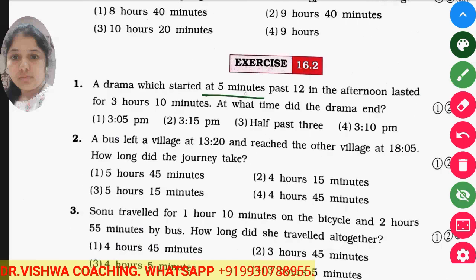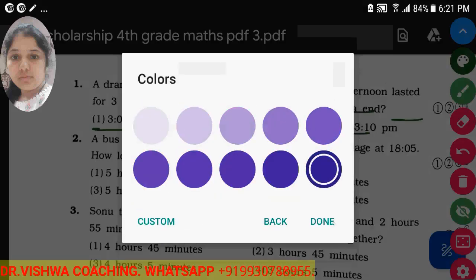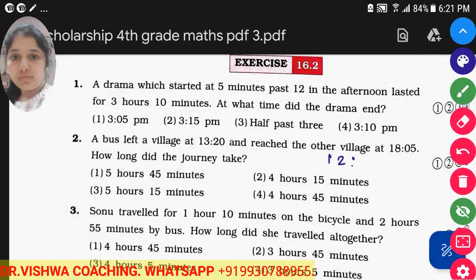A drama started at 5 minutes past 12 in the afternoon and lasted for 3 hours 10 minutes. At what time did the drama end? Now see, drama starts 5 minutes past 12, which means 12 o'clock and 5 minutes is the starting time for the drama.